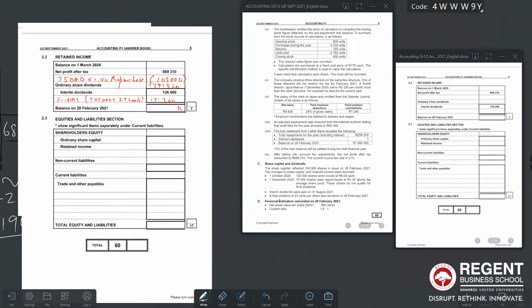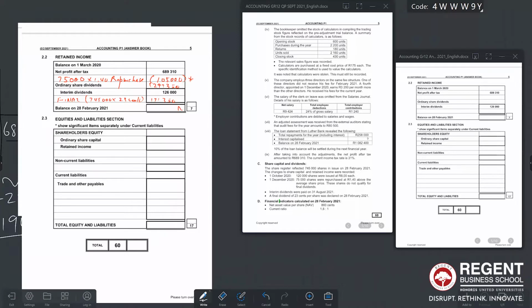Now, they said the share register... Let's go back to information C. Share capital and dividends. The share register reflected 745,000 shares in issue on the 28th of Feb. The changes to share capital and retained income were recorded. So they are telling you that the changes were already entered. That means this repurchase of 105 was already sorted out.